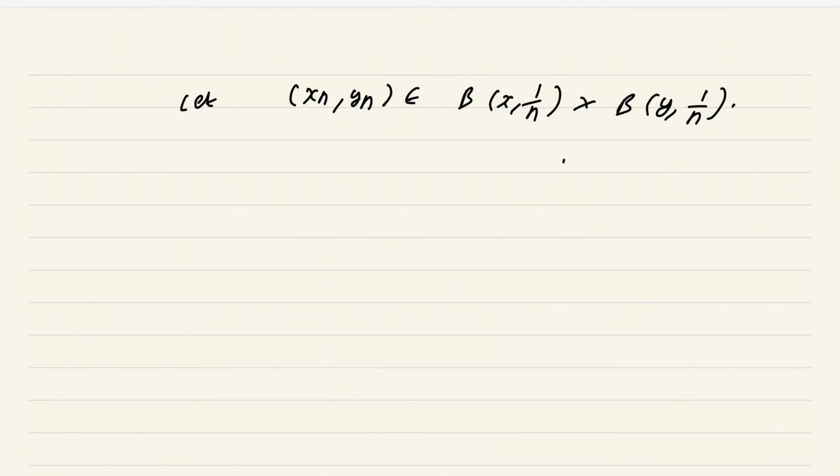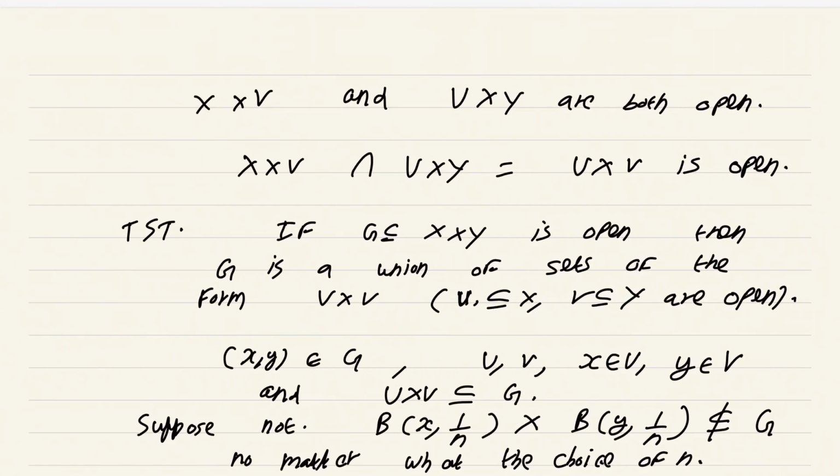What I'm saying is, let (x_n, y_n) be an element of this set minus G, right? I'm taking a sequence which is there in the product of these balls, but the elements of this sequence are not in G. Why does such an element exist? Well, because look at our hypothesis.